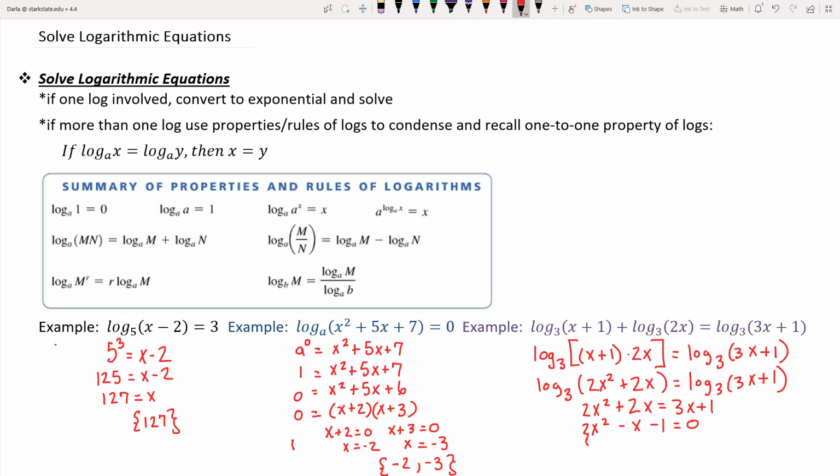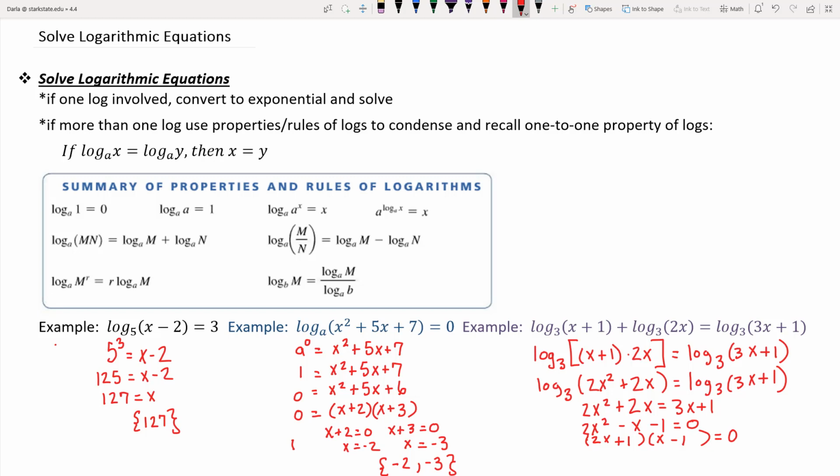It factors as 2x, and then we have x, gives us the first term, and then what two numbers multiply together to give us -1, or positive and -1. But put the -1 here and the +1 here, so that when we do the outside inside we get -1x.